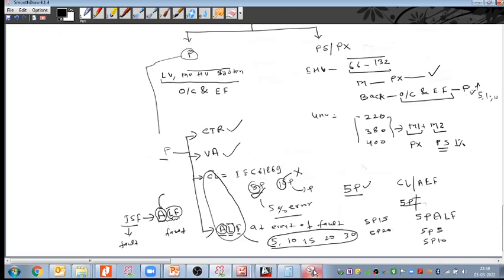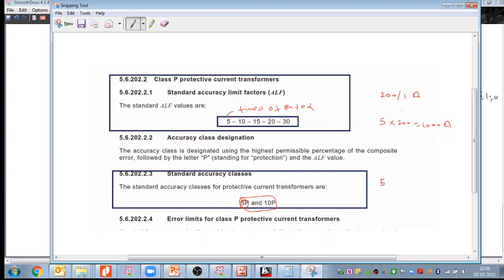If I say 5P20, what does it mean? 5P is my protection class, accuracy class, meaning 5% error of the current. 20 is the accuracy limit factor, meaning 20 times the rated current.